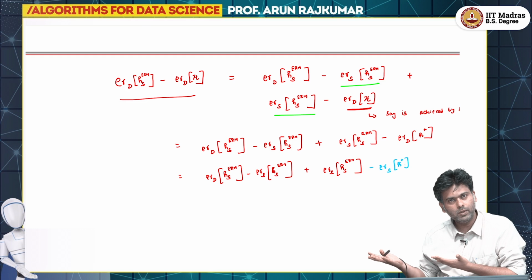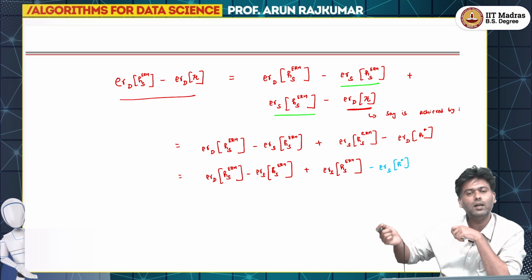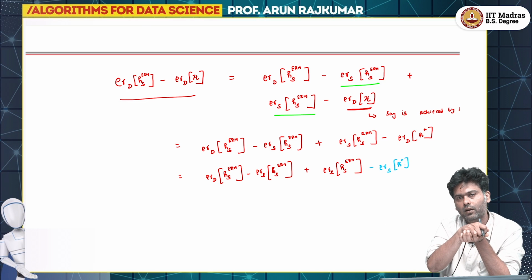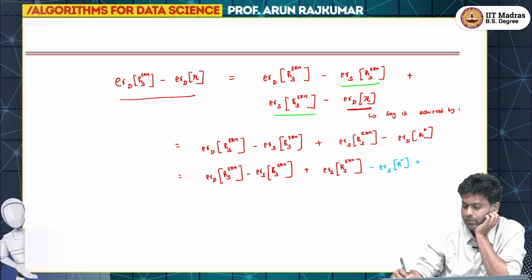I do not know what the best possible classifier is, but it still has a training error. If I used that classifier to compute the training error on the data I am given, I will get some number. So I am going to add and subtract that number, and the term stays.